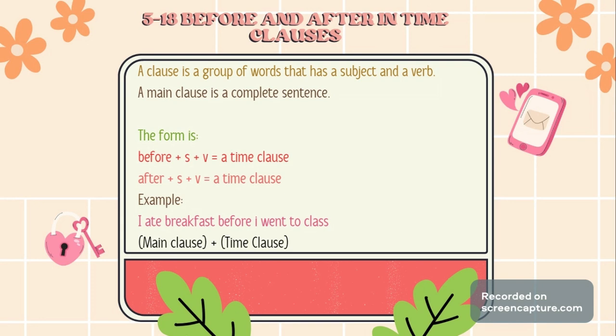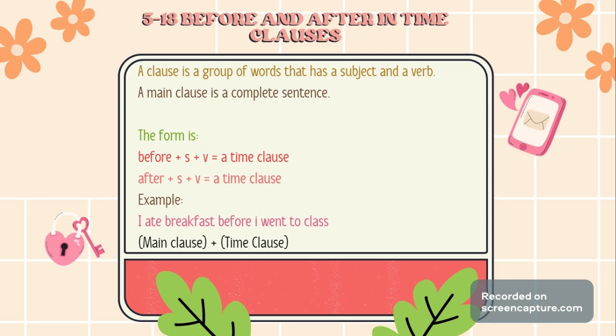So the form is before plus subject plus verb is a time clause, and after plus subject plus verb, a time clause. Example, I ate breakfast before I went to class. So the main clause is I ate breakfast. So the time clause is before I went to class.